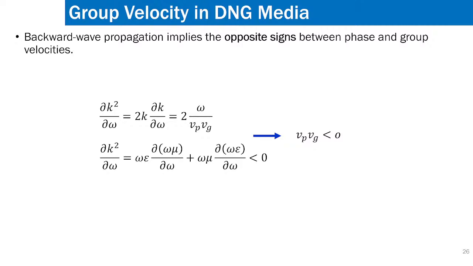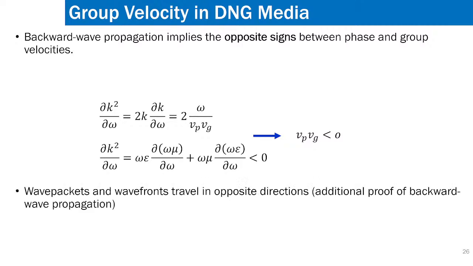So backward propagation is implied by the negative sign between phase and group velocity here. So what does this physically mean? Physically it means that wave packets and wave fronts are traveling in opposite directions. And this is an additional proof of backward wave propagation. Phase velocity and group velocity are antiparallel.